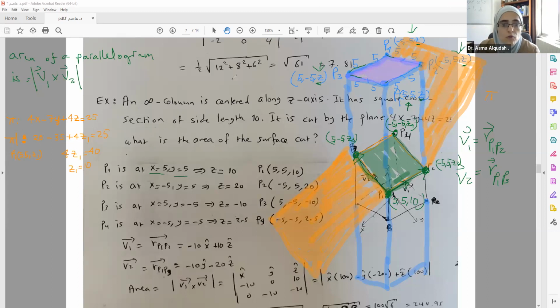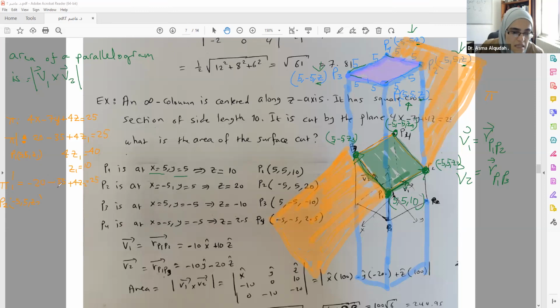Now we substitute for point P2. Pi at P2, which is minus 5, 5, Z2. So we have minus 20, minus 35, plus 4Z2 equals 25.